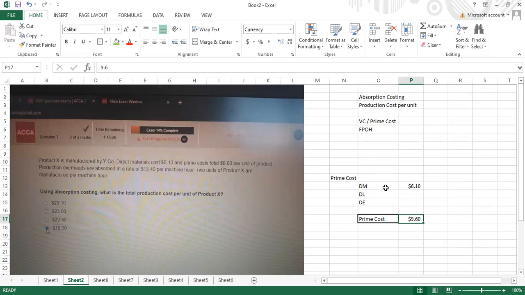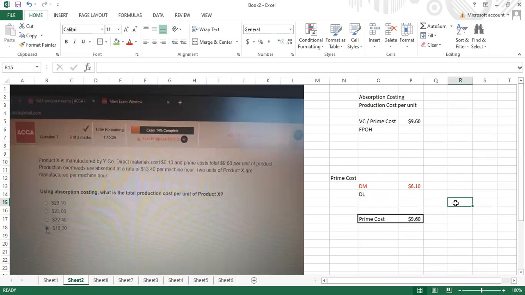So you are going to ignore the rest, because in absorption costing you write the variable cost, meaning direct material and direct labor, and if prime cost is given, you simply take that direct cost and ignore the other, because it is included in the 9.6.